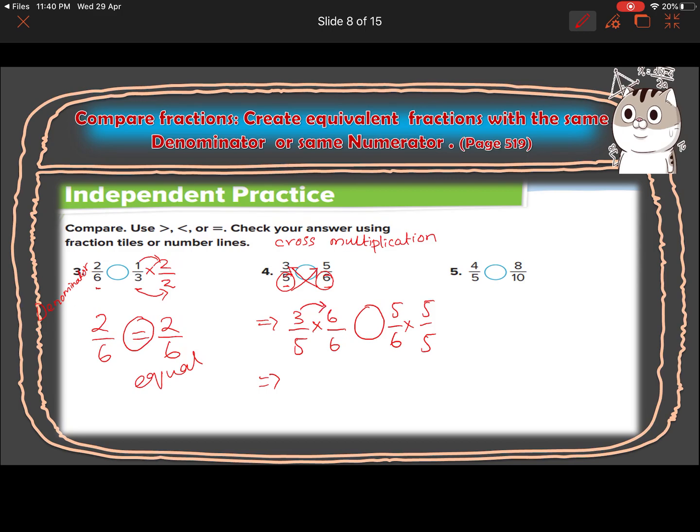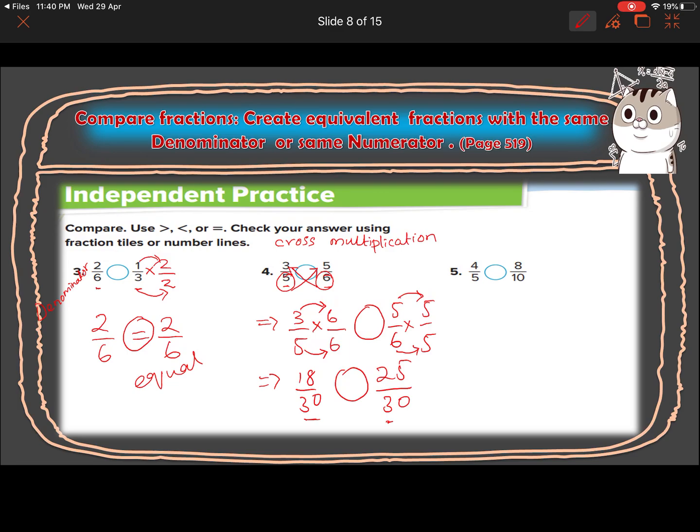Now, see the next step. 3 times 6 gives you 18, and 5 times 6 gives you 30. This is the place for the comparison symbol. 5 times 5 gives you 25, and 6 times 5 gives you 30. So, now look, the denominators are same here.